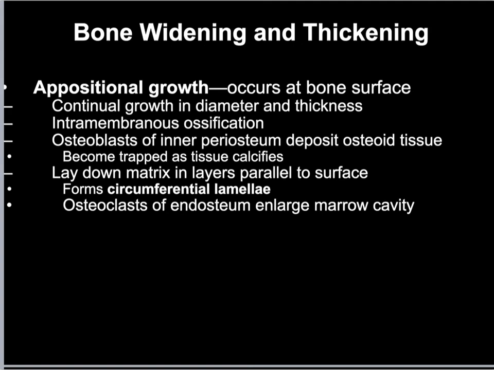Then osteoclasts on the inside of the bone start chewing away bone at the bone marrow cavity. And so you're laying down new layers of bone on the outside at the same time that you're eating away layers of bone on the inside. So the bone doesn't actually end up being much thicker. You're just laying down bone and then eating away bone, so it ends up just growing outwards.